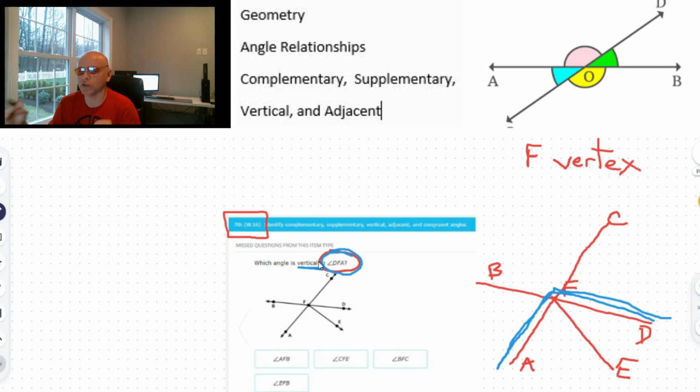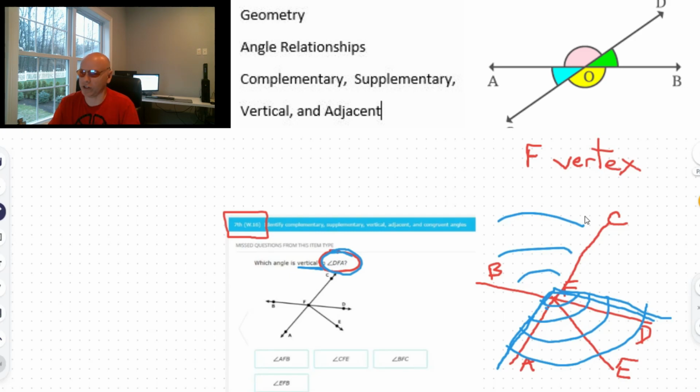Vertical angles, two angles. They open up opposite. So where currently DFA is opening this way, right? We need something that's going to open opposite to this. Something in this direction.